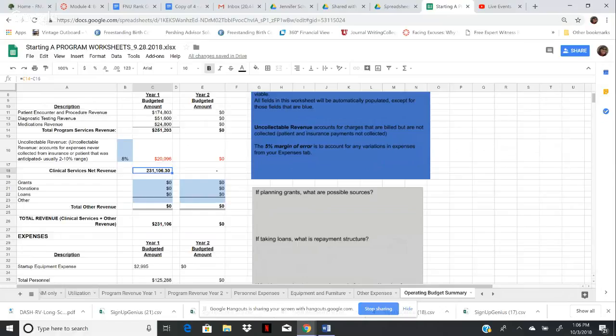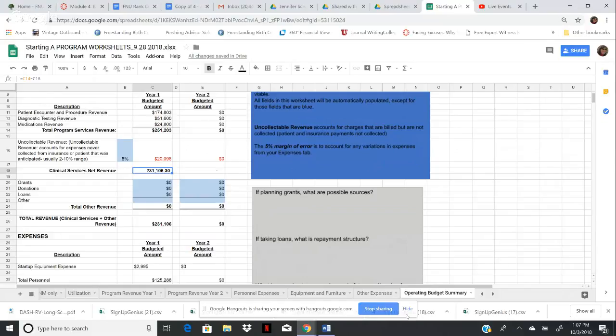If you have any grants, donations, and loans, I did make this a nonprofit, so you certainly could apply for some grants and seek donations. But I did not factor any of those in here. If you do, then explain in the justifications what those grants might be and how you would go about procuring those donations.